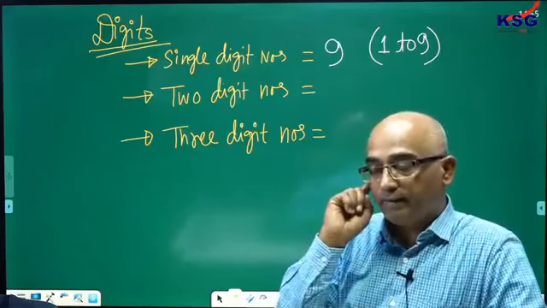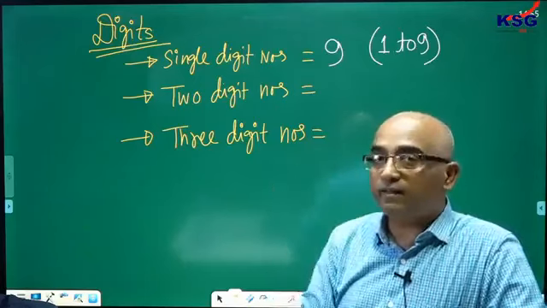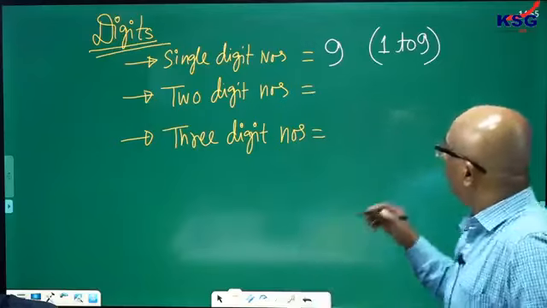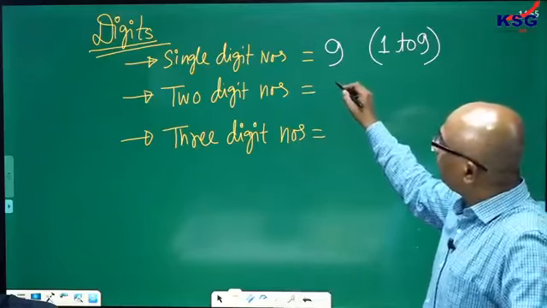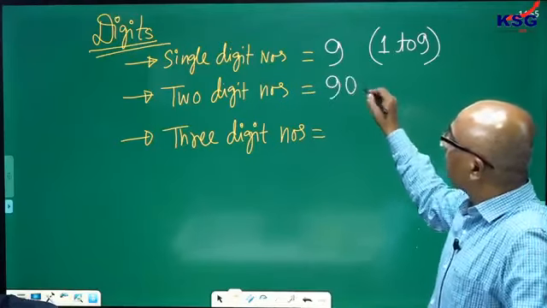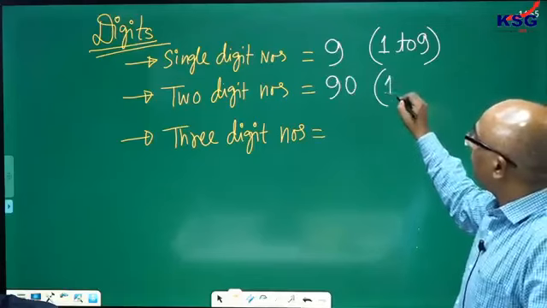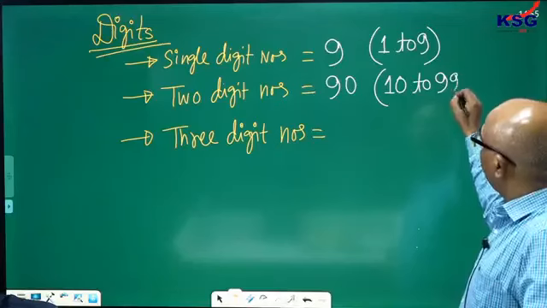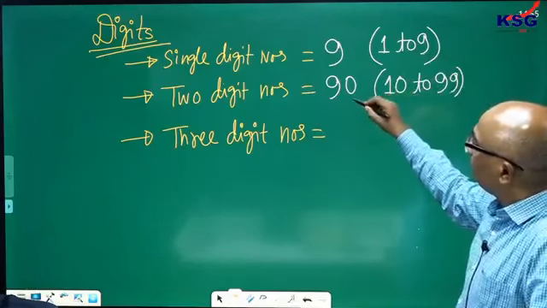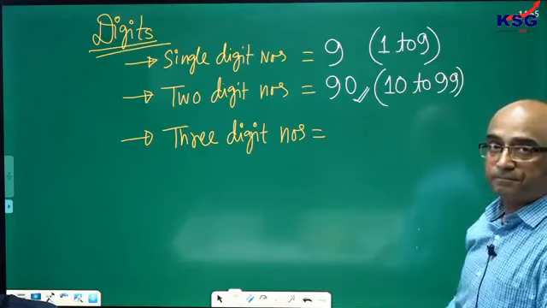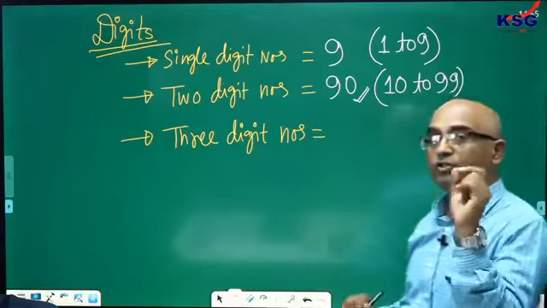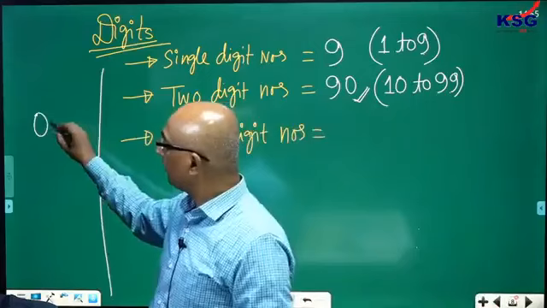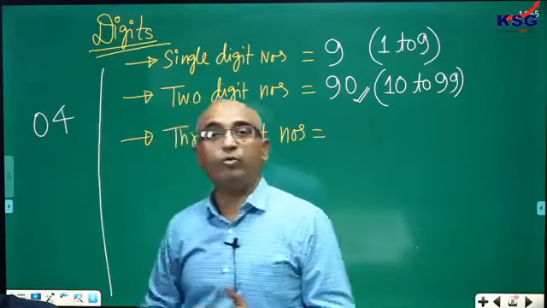Here see the reason why. In maths a total of 10 digits are available, but single digit numbers are only 9. Now see here, two digit numbers: there are 90 two digit numbers. The smallest two digit number is 10 and the largest is 99. So 99 minus 9 gives the two digit numbers. Students, see here why 0 is not counted as a single digit. Can you say 04 is a two digit number?